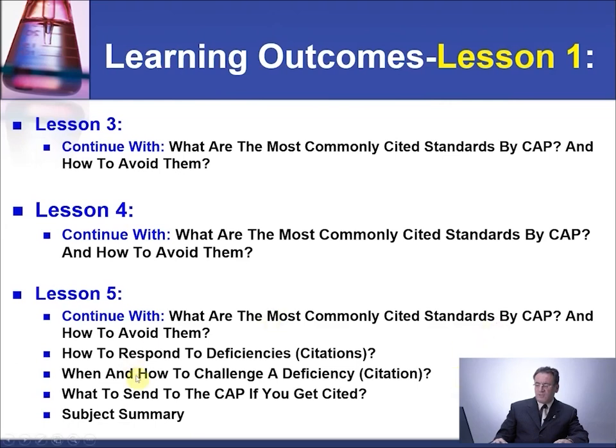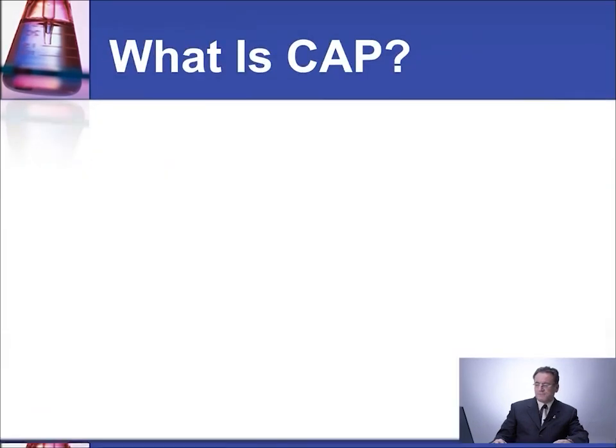In addition, in lesson number 5, we'll talk about how to respond to deficiencies or citations, when and how to challenge a deficiency or citation, what to send to CAB if you get cited, and a subject summary. So let's start with lesson 1.